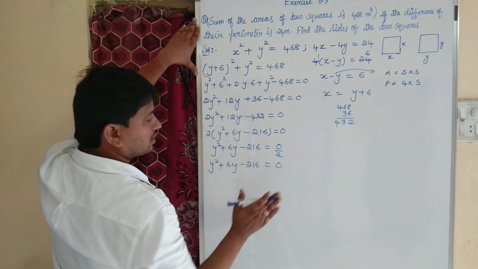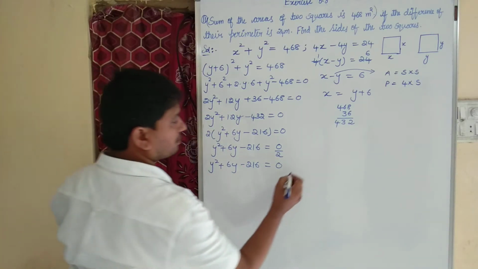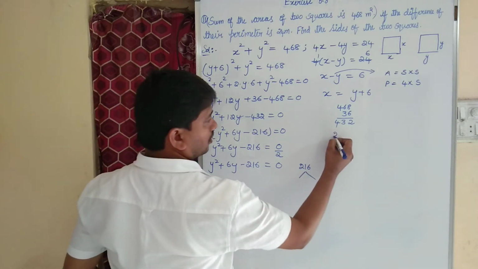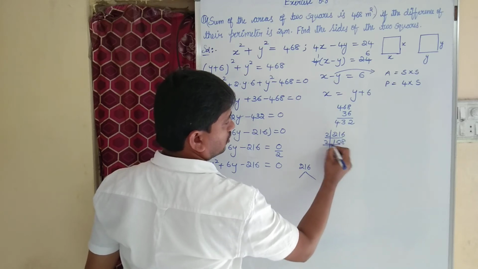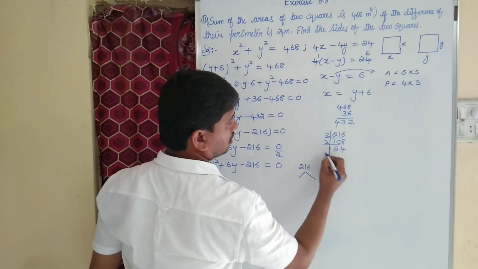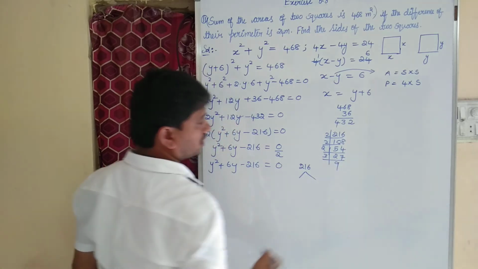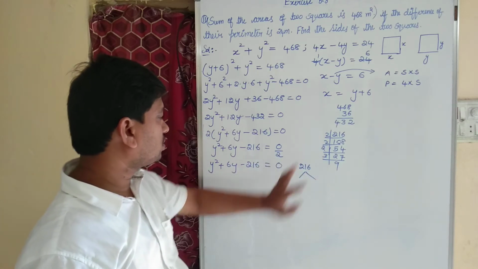Right? Now as the constant is 216, let us factorize: 2 ones are 2, 2 twos, 2 threes are 6, 6 twos are 12, 12 twos are 24.